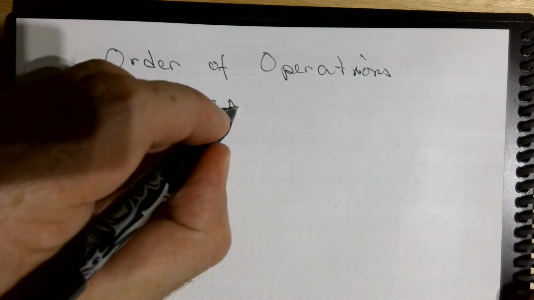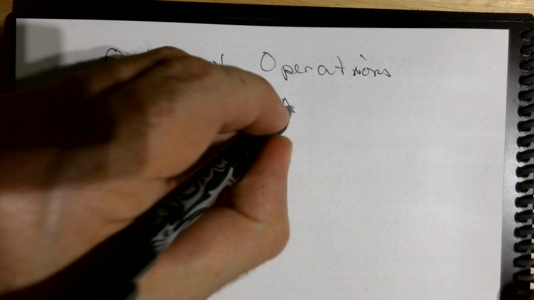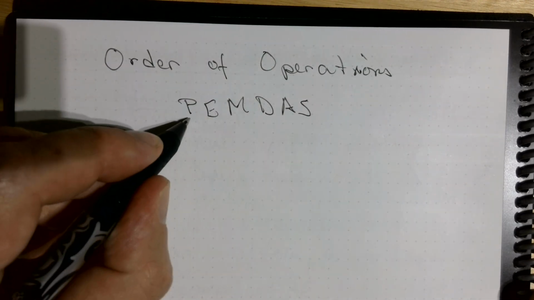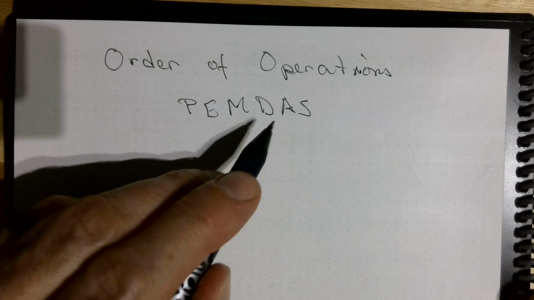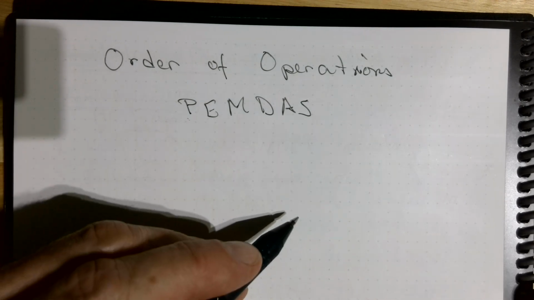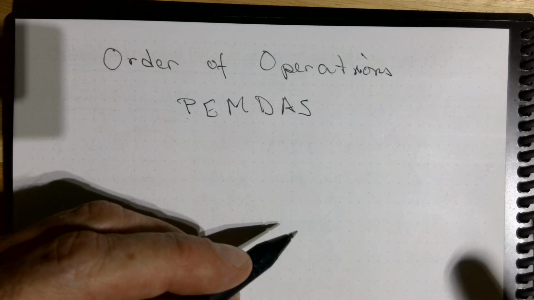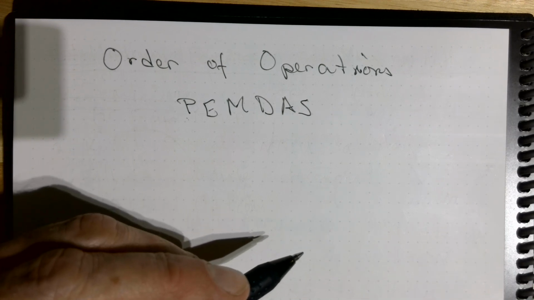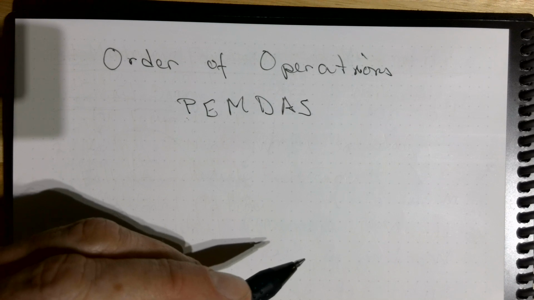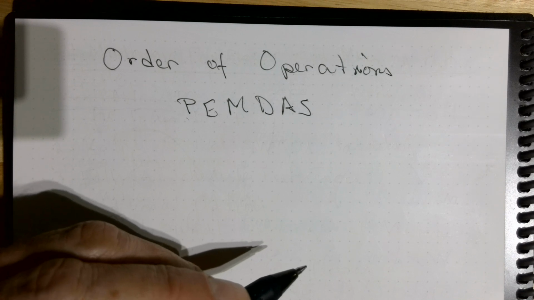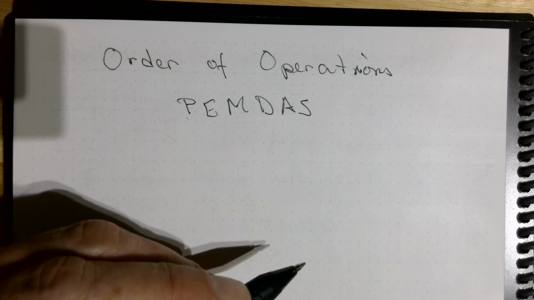Now most people remember the order of operations as PEMDAS, or please excuse my dear Aunt Sally: parentheses, exponents, multiplication, division, addition, subtraction. So a lot of people think that additions should be done before subtractions. However, additions and subtractions are actually on the same level.